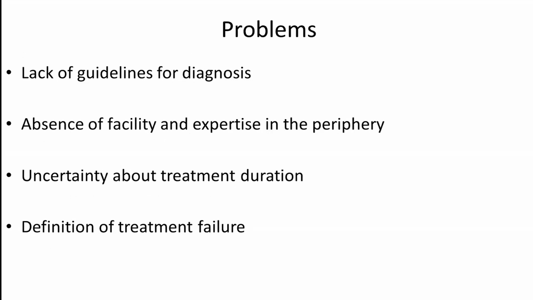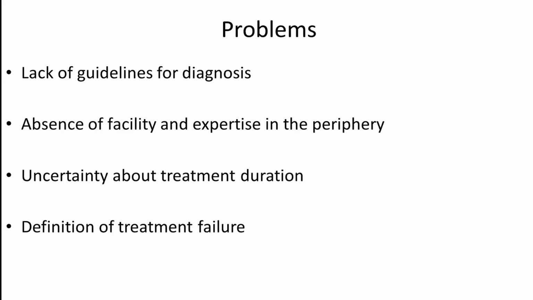The main problem we are facing in abdominal tuberculosis is the lack of definite guidelines for the diagnosis. It's a real challenge in all forms of extrapulmonary tuberculosis, along with the absence of facility and expertise in the periphery for early diagnosis.